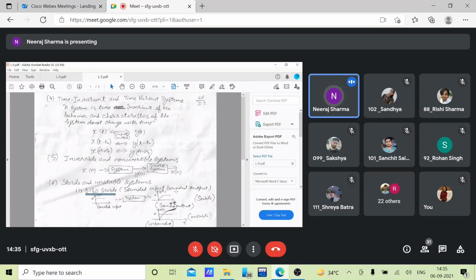So in that case, it is known as a bounded input, bounded output stable system. That is, for a bounded input we are getting an output which is bounded by some magnitude. Here capital A, the magnitude by which the output is bounded, may or may not be equal to the input magnitude. It could be B or C, any bounded magnitude.